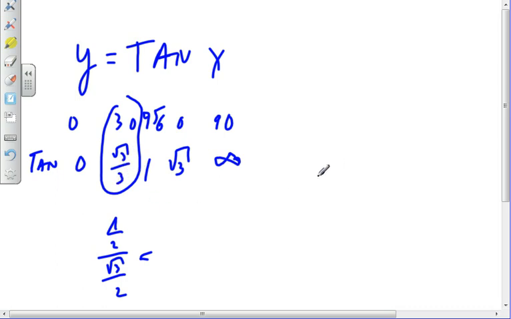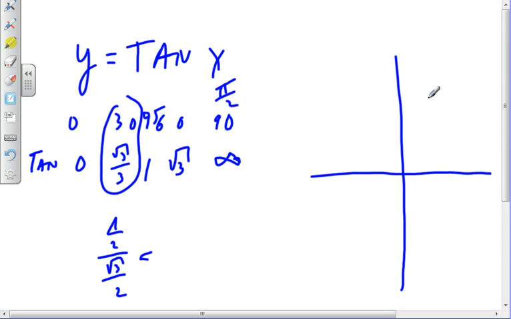All right, so now we're going to go and graph it. This is pi over 2, right? Okay, so I go through 0 at 0 degrees, and at 90 degrees and at minus 90 degrees, I'm going to be infinite. So I draw a construction line.